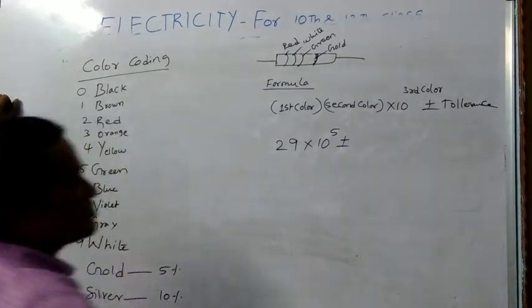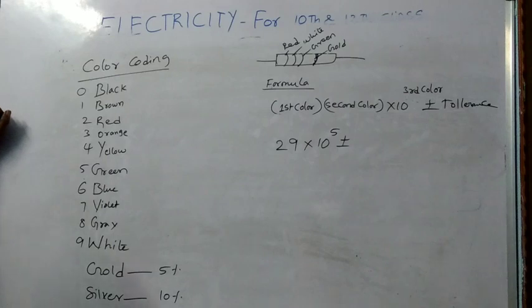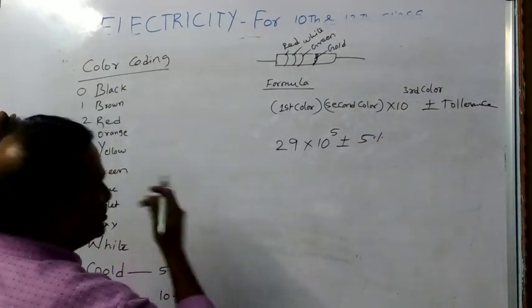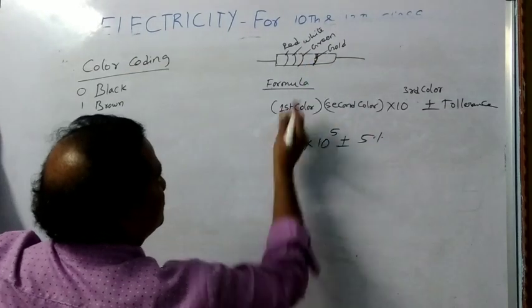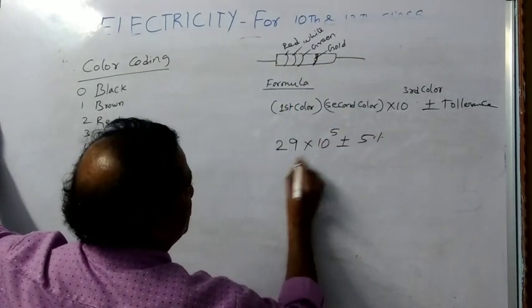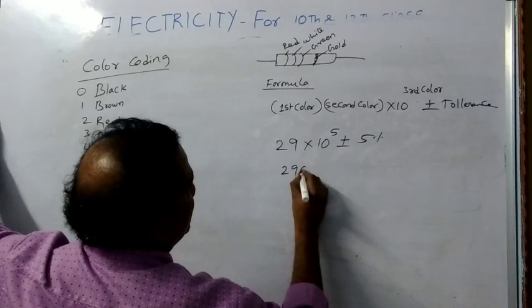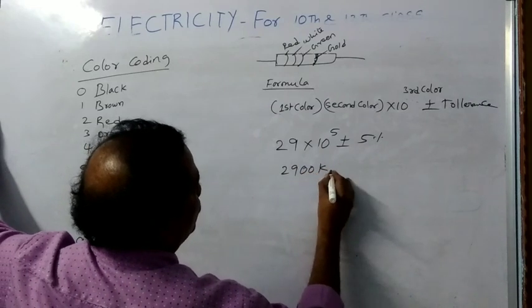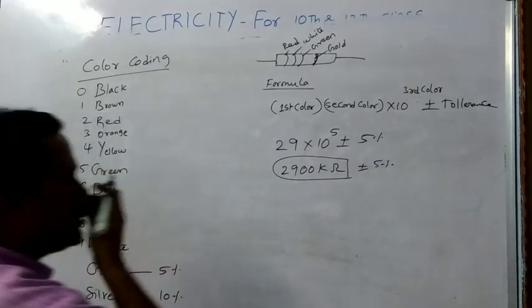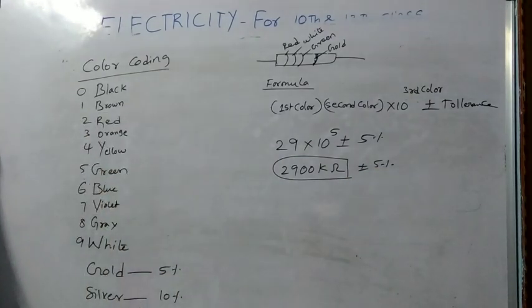Plus or minus tolerance: gold is there, so 5% tolerance. So the value is 2920 kilo ohms, plus or minus 5%.